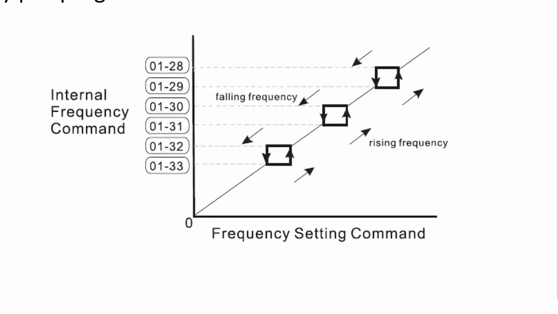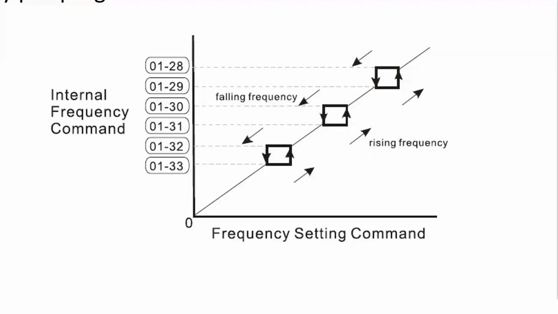So you have different parameters in the drive in which you can set the areas which the drive will avoid. So this function can be combined with the previously mentioned PID function. This doesn't mean that the drive will just jump from one frequency to another. Rather, it will not allow the drive to run continuously in this range.